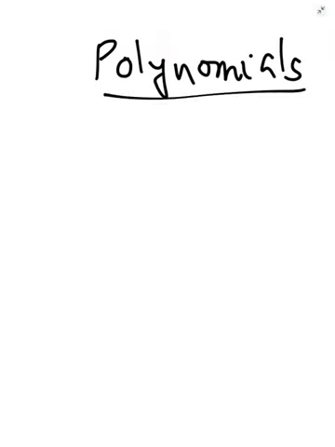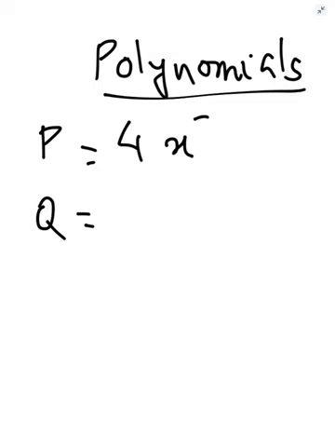Even we may get polynomials. We have to find the HCF of polynomials. Polynomials, you know, involve both constants and variables. Suppose there are two polynomials given to you, P and Q. P is 4x square y cube z to power 4.